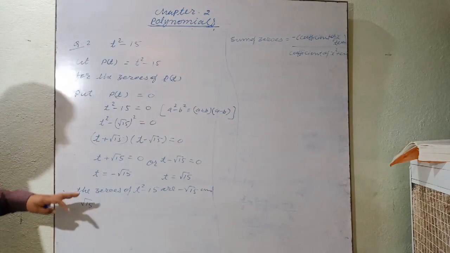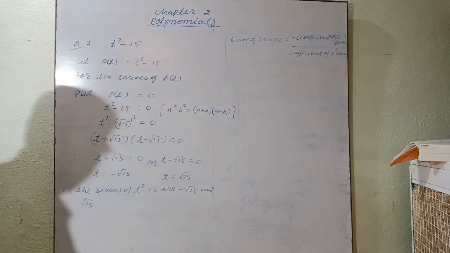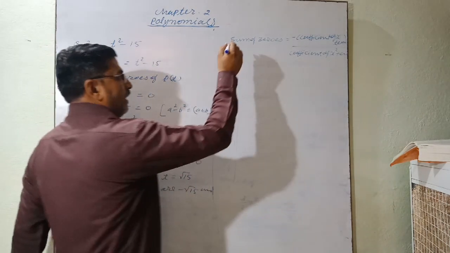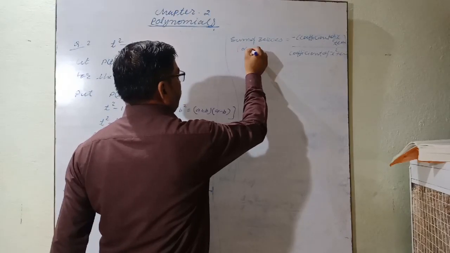And the first zero is minus under root 15, that means alpha, and this is beta. We can write also here alpha plus beta.